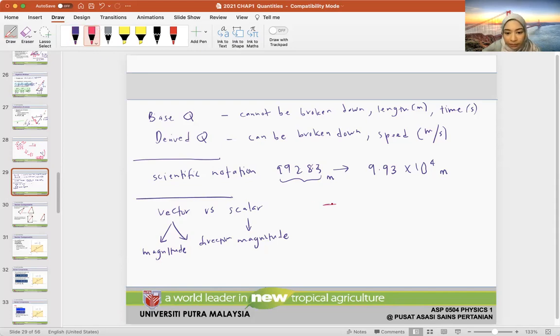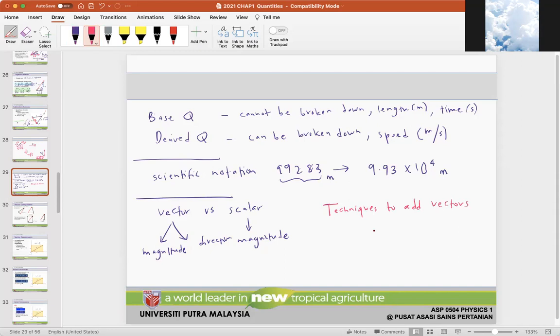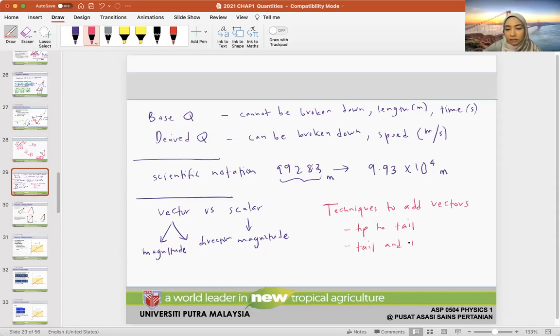Does anyone remember? Is it the tip to tail? Yes, correct. So it's tip to tail. What else? Tail to tail. Triangle rule. Triangle rule, correct.